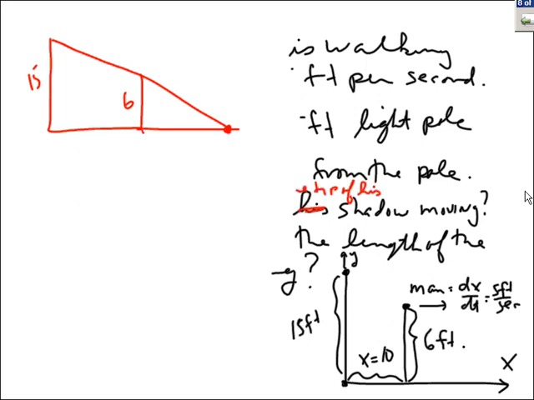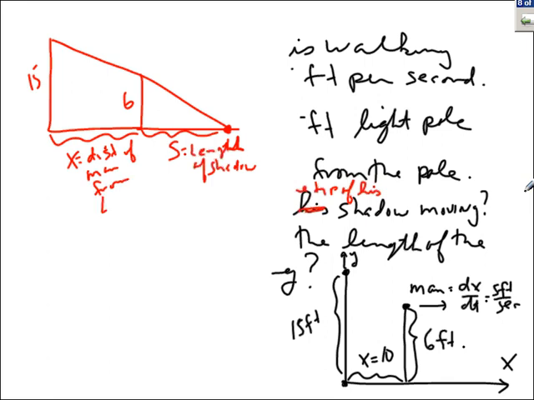Let this be the length of the shadow. We'll call it s. The shadow length. Can I actually do this problem now? Well, that's the length of shadow. Fine. That's not an incorrect statement. And here is x. This is the distance of man from the lamp pole. This is the lamp pole. And now we want to know how fast the tip of the shadow is moving.